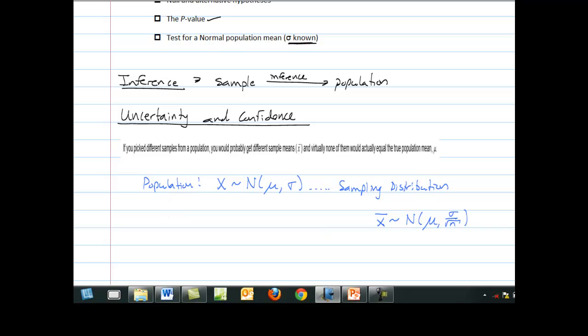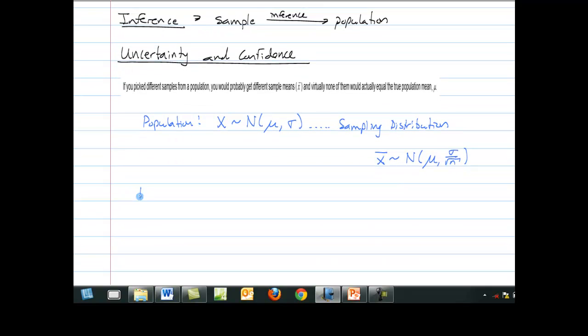So that's one scenario. Another scenario would be if my population is distributed with some shape that I'm not sure about. It's not normal, it could be skewed. So the question mark represents that I'm not sure of the shape, but it has some mean and some standard deviation. The sampling distribution here I can talk about as being approximately normal if n is large enough.